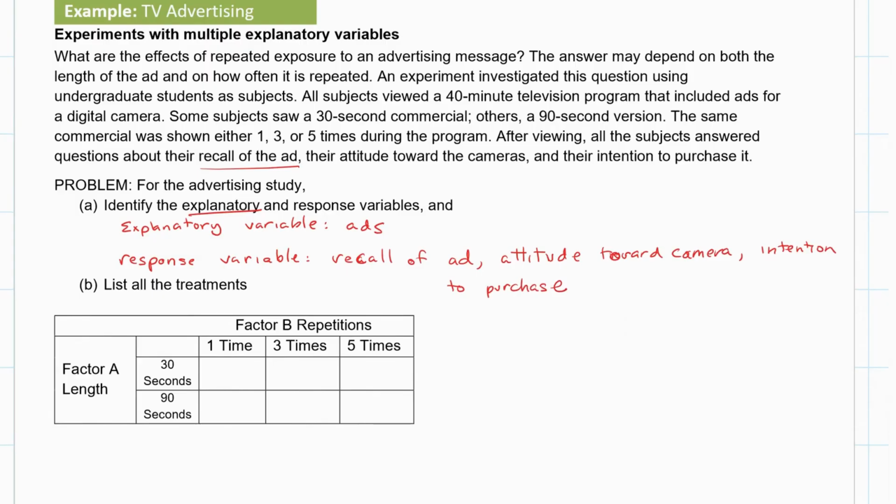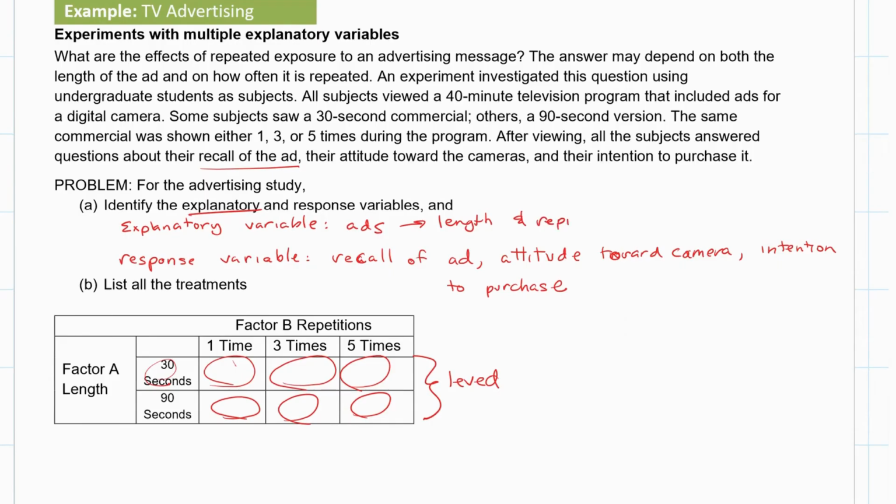Okay, list the treatments. Well, here are all of the treatments. All six of them are in those boxes. Did they watch it one time with a 30-second ad? Did they watch it five times with 30-second ads? By the way, the split between 30 seconds and 90 seconds, that's a level for that particular factor. Explanatory are the ad's length and repetition.